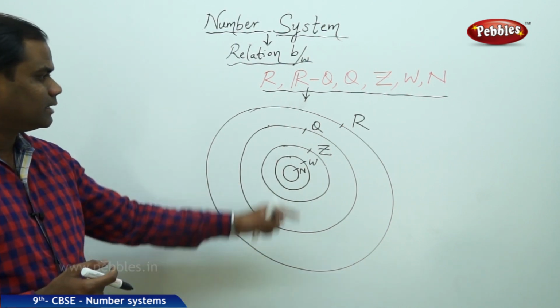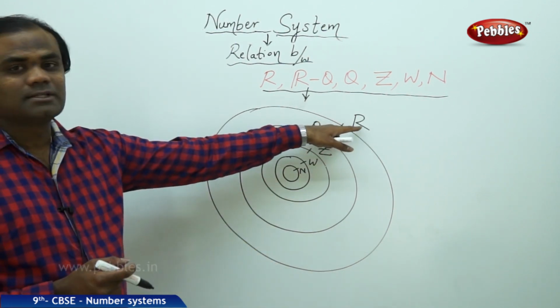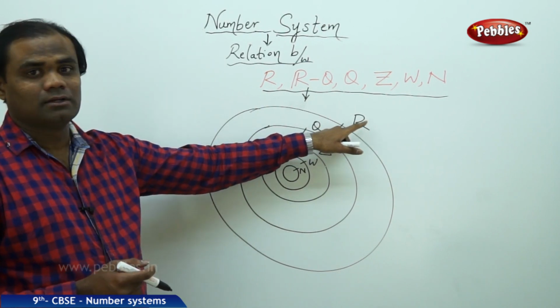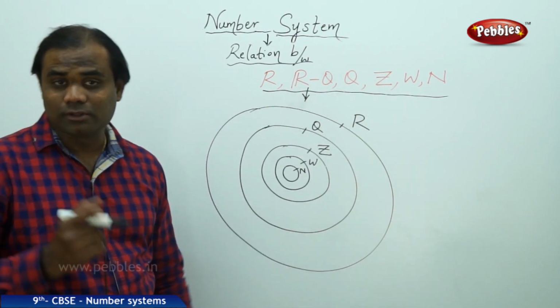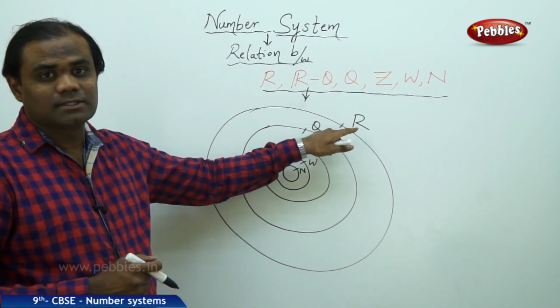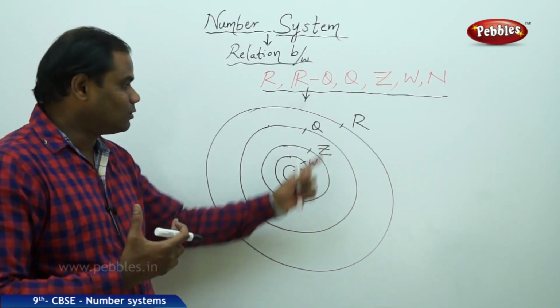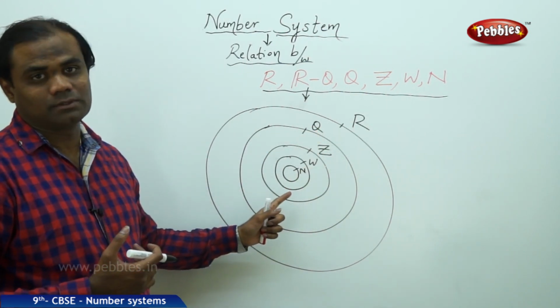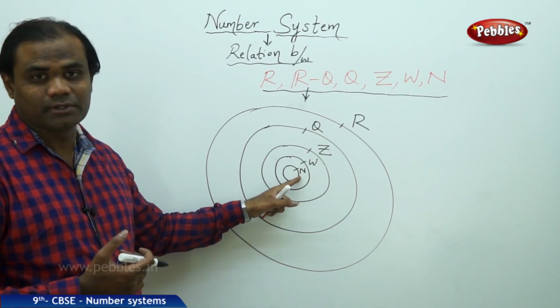Here I clearly understand that the bigger circle or the bigger set is R. So this is the mother of all the sets. Real numbers is the set through which all the numbers come out, and the least set is natural numbers.